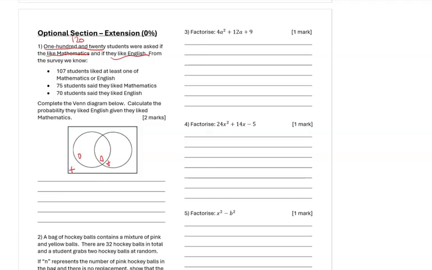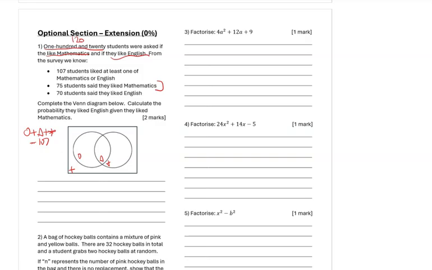So we know that 107 liked at least one of those subjects. So what that means is the circle plus the triangle plus the star, all of those had to get to 107, but we didn't know anything at this stage to figure that out. We then know that 75 students liked mathematics.